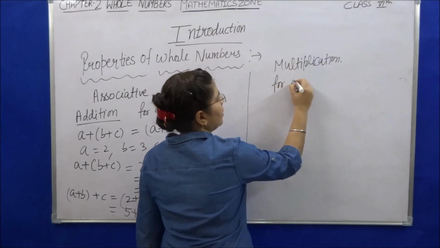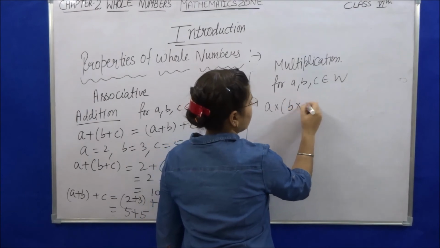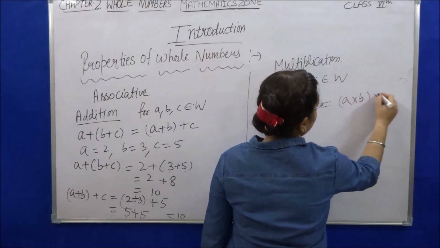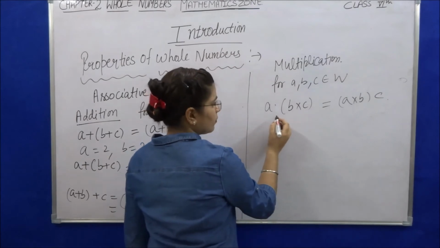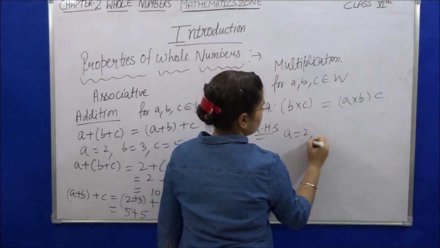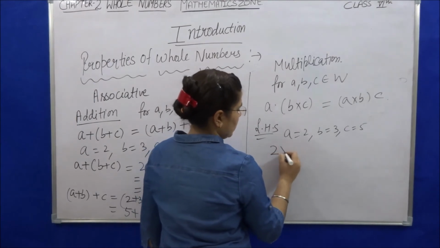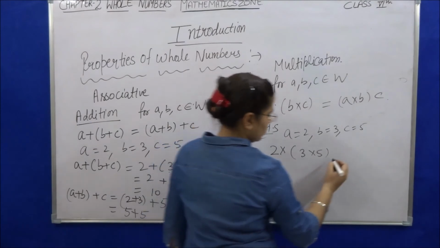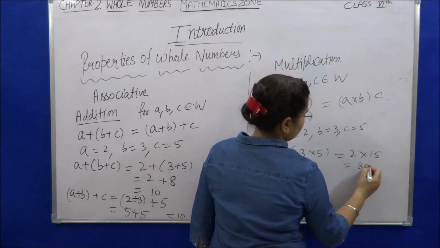For some A, B, C belonging to whole numbers, A multiplied by B multiplied by C is equal to A multiplied by B multiplied by C. Now the left hand side: let A is 2, B is 3, C is 5. Then 2 multiplied by 3 multiplied by 5. That will be equal to 2 multiplied by 15, which is equal to 30.